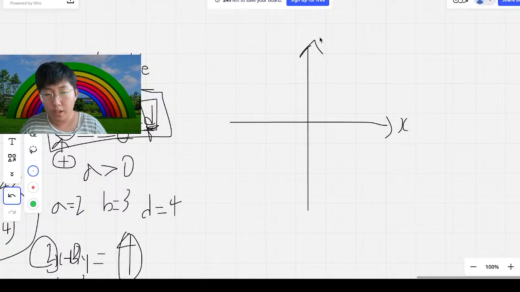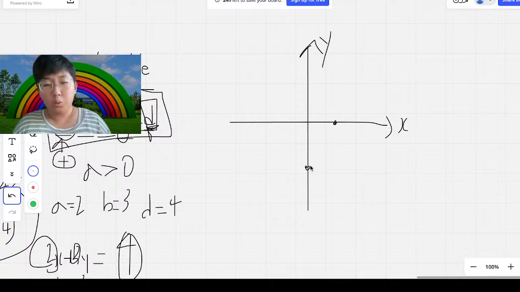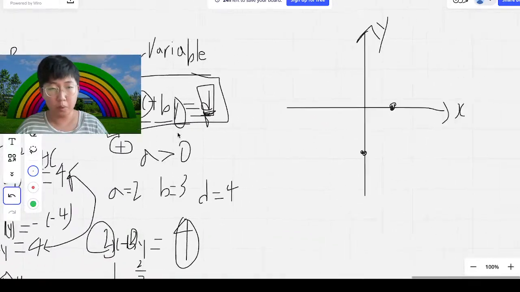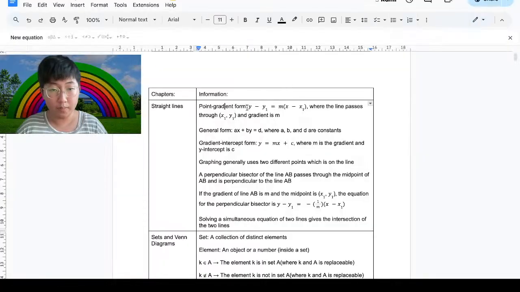When you're given a gradient, when you're given a line, you generally look at what points those two meet, like the y-axis and x-axis. So what if you know the gradient and you know one of these points? Let's plug it into the point gradient form that we had here.